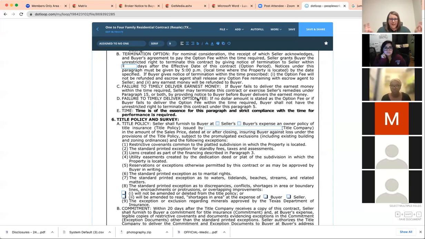Now, a termination is a one-way document. Once you terminate, technically the deal is terminated. If the seller wants to come back and agree, because the title company and lender don't have that document yet, you could still get rid of that document and sign whatever is now agreed upon.